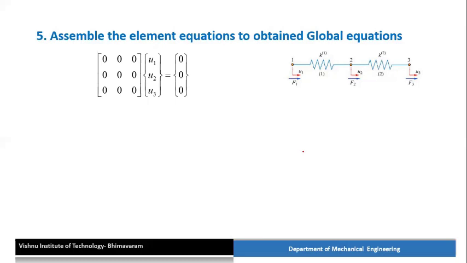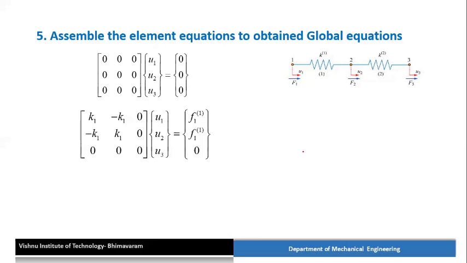and a 3 column nodal displacement vector and a 3 column force vector. So in this 3 by 3 global stiffness matrix, first we substitute the first element stiffness matrix into the global matrix.